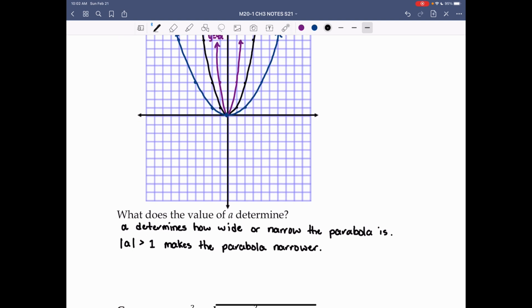And then for 1 over 4x squared, where a is 1 over 4, which is between 0 and 1, if the absolute value of a is between 0 and 1, that makes the parabola wider.